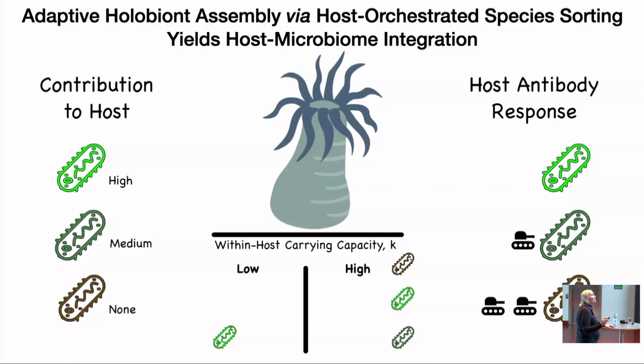Meanwhile, there's a system, which I'm assuming is the host antibody response, which is that if the host is colonized by a nasty microbe, then it's repelled, hence the little tanks. And not so much with this one, and if it's colonized by this type of microbe, which gives a lot of its carrying capacity to improve the host survival, then it's not repelled at all. So let's run a simulation of how this works.